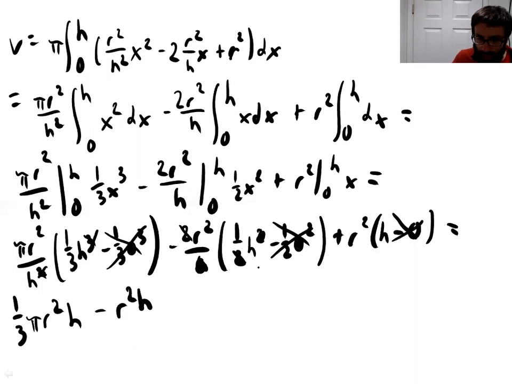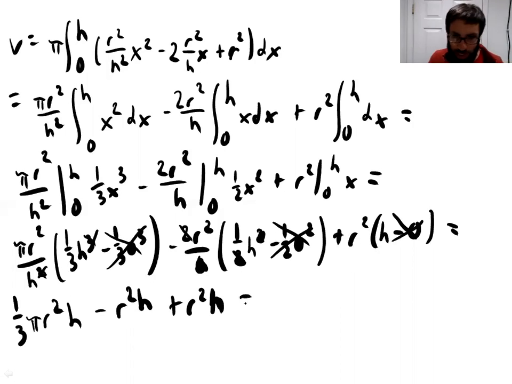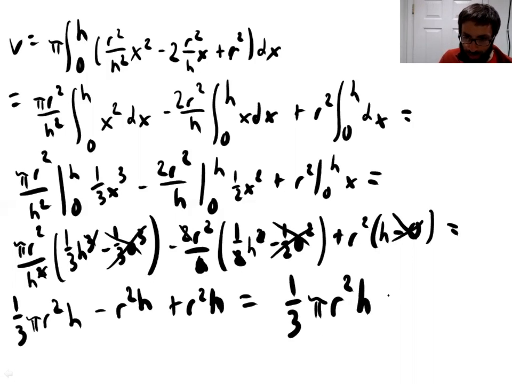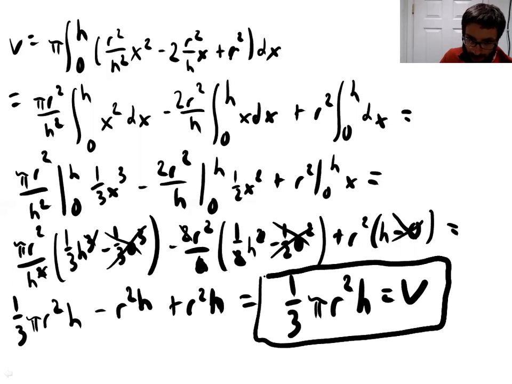And here we just have plus r squared h. Minus r squared h plus r squared h goes away, so we'll end up with our final answer of 1/3 pi r squared h equals our volume, which is what we know from general geometry, but it's pretty neat to see that proven using calculus.